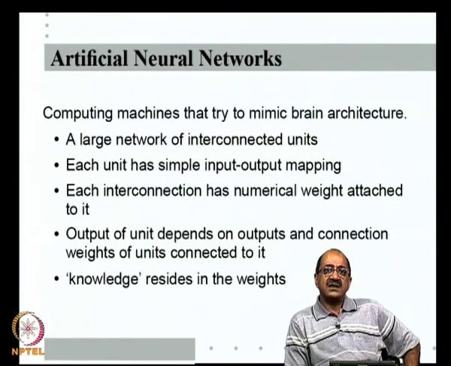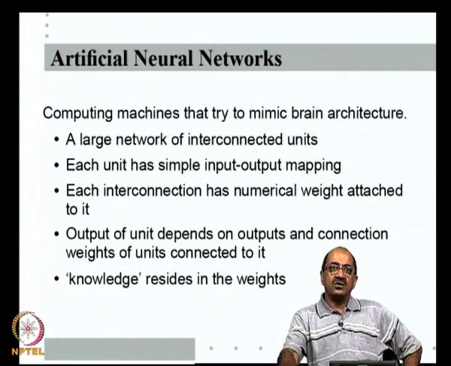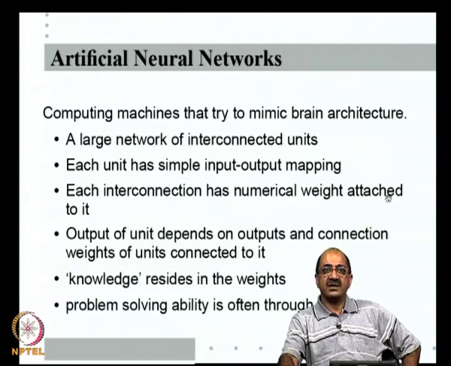The knowledge resides in the weights. Essentially, if you want the system to do anything, the only thing you can change are the weights. The functional relationship of how output depends on the weights is prefixed, but you can change the values of the weights. So, the knowledge essentially resides in the weights. That is the kind of structure that artificial neural networks give rise to.